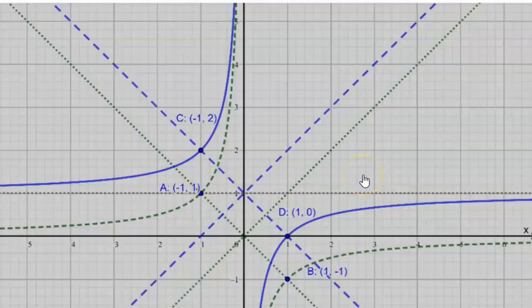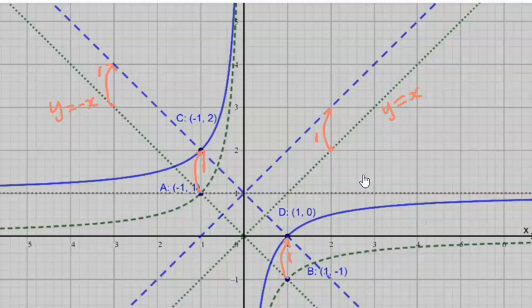So let's see on the graph, we see that this point A shifted 1 unit up, the point B shifted 1 unit up. Any point here on the line y equal to x shifted 1 unit up, and any point on the line y equal to minus x shifted 1 unit up.